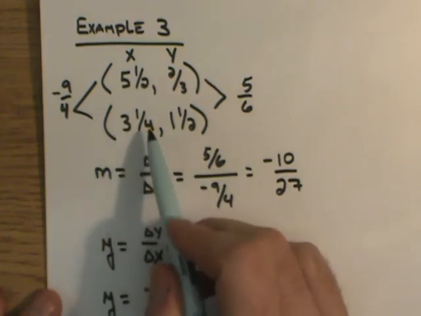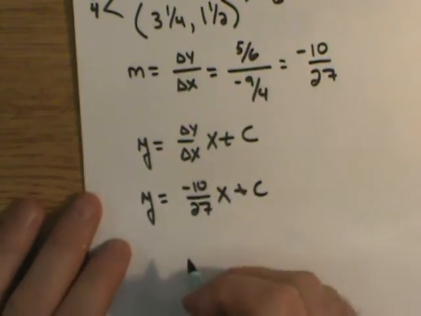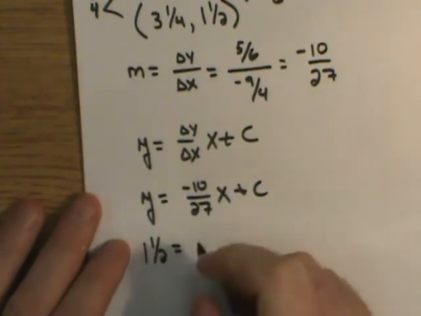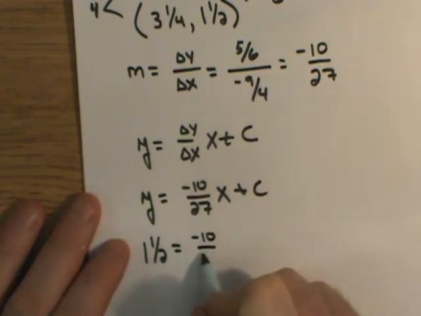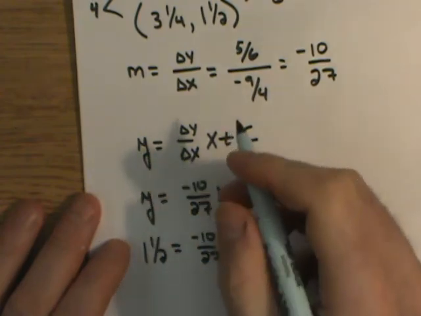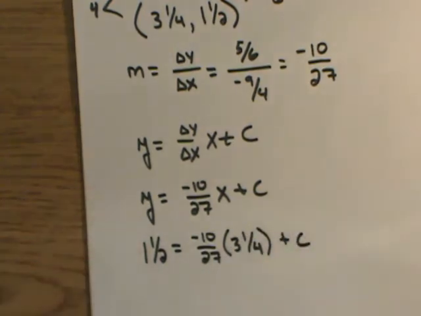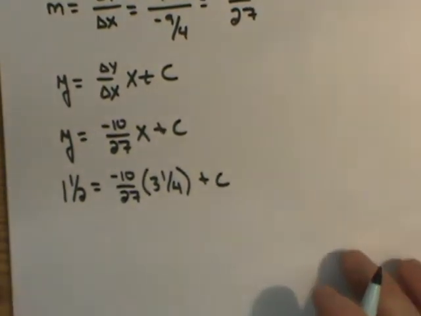I'm going to put 3 and 1/4 in for x, 1 and 1/2 in for y. So I go 1 and 1/2 for my y, negative 10/27 times the x value, which is 3 and 1/4, plus c. Now, if we're going to use the calculator, we might as well use it in its full capability.